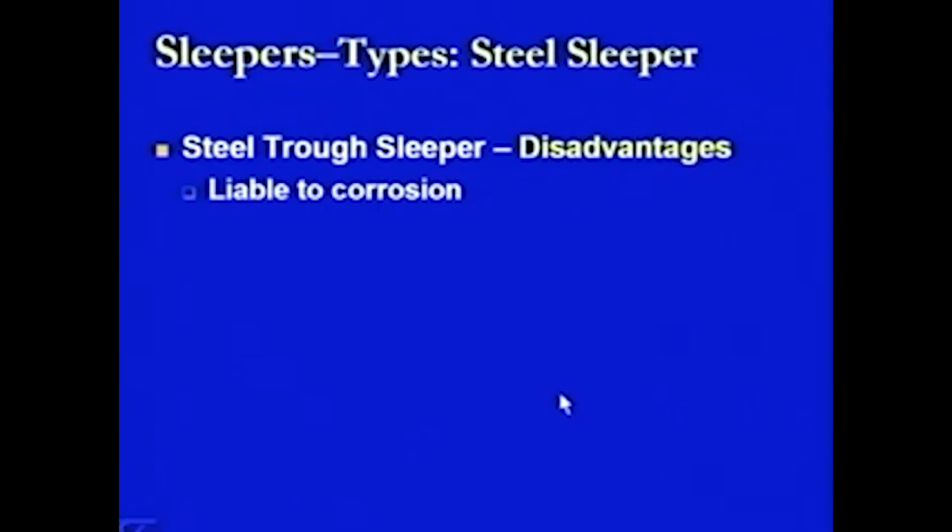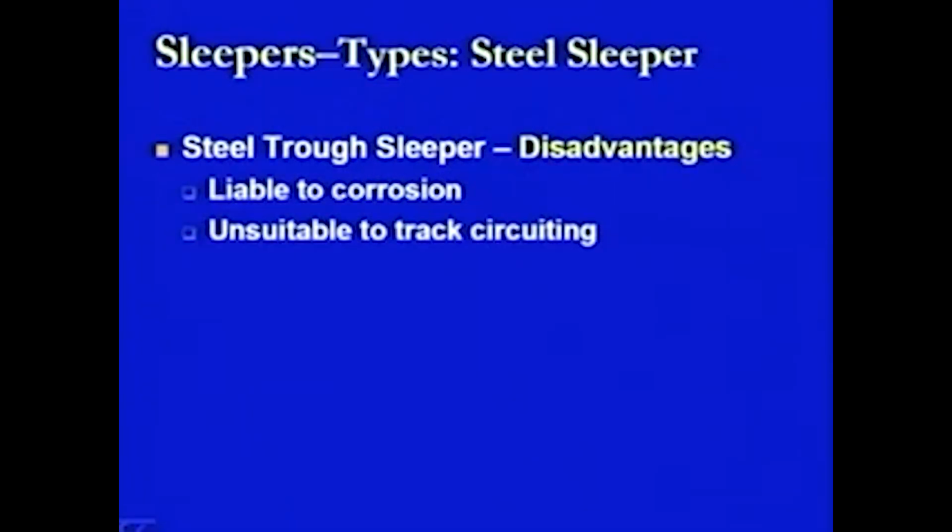The very first one is that they are liable to corrosion. Previously, we have seen that there are certain locations like the coastal areas or tunnel areas, or the locations where some industries have been provided, where the effluents coming out have a corrosive nature.